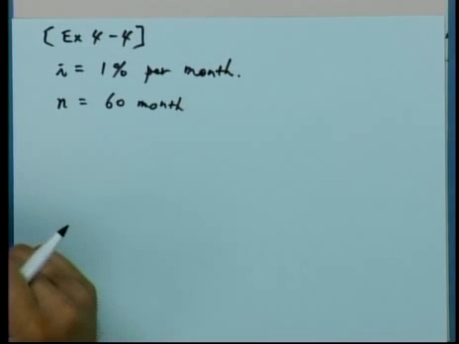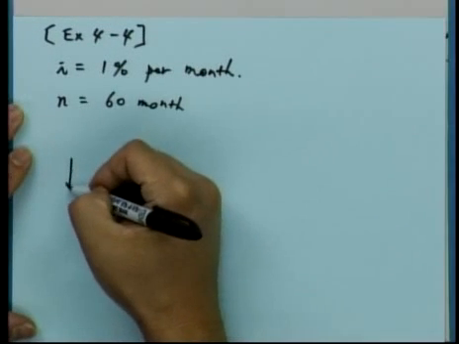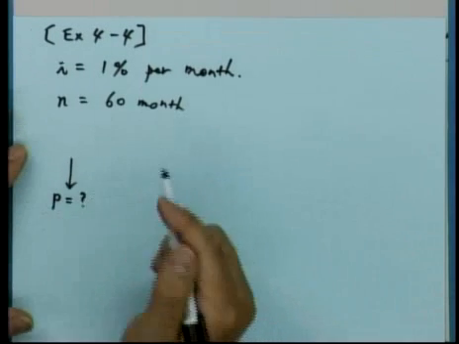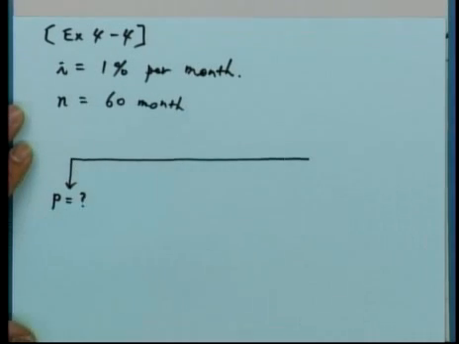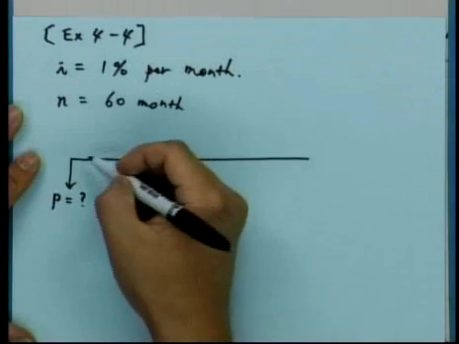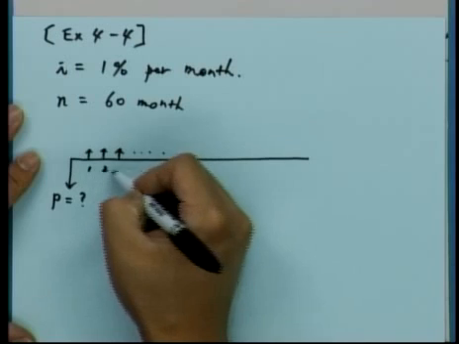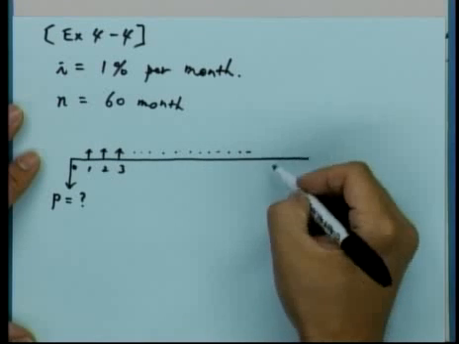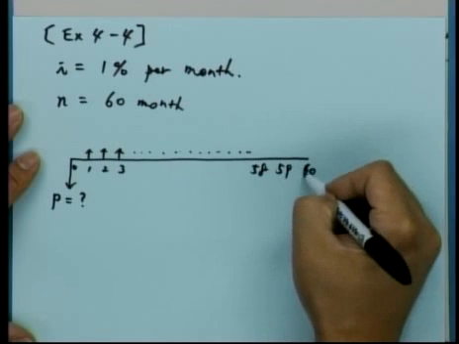And the corresponding cash flow diagram would be like this. You want to know the present sum of P. And over the next 60 months, 1, 2, 3, let's say here 58, 59, and 60.